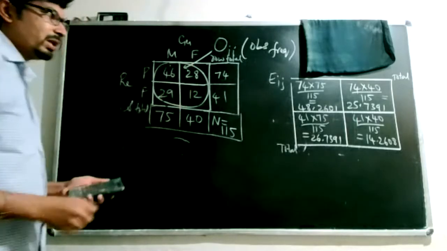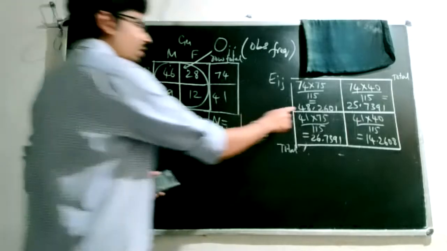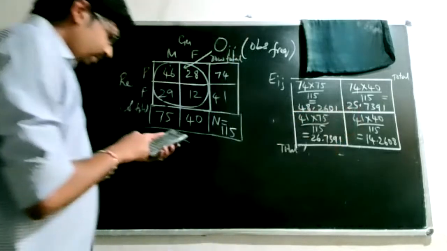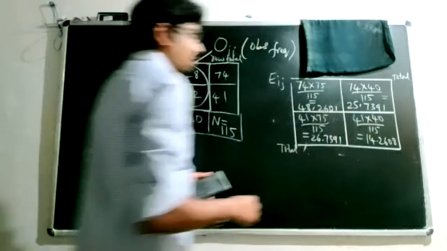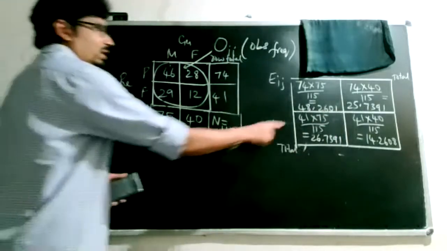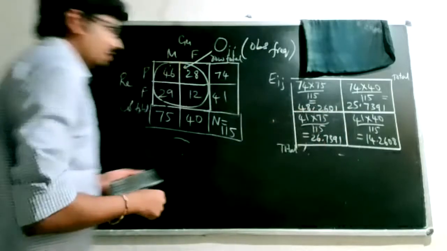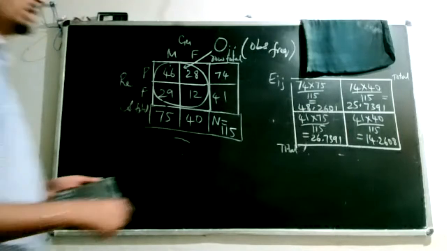The proportion is maintained same. So you can just have a quick look. 48 plus 25 comes to 73 plus the decimal part 7 and 2 6 goes to 74. And 48.2 plus 26.7 gives you 75.